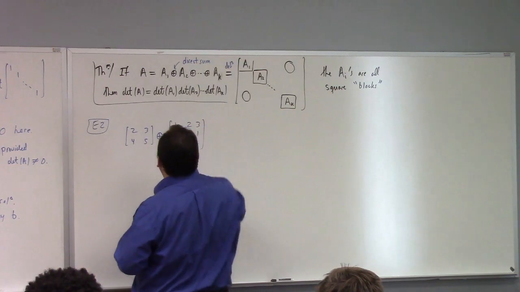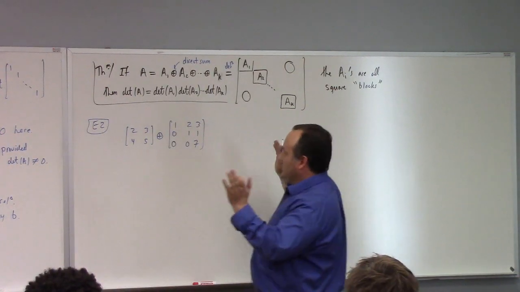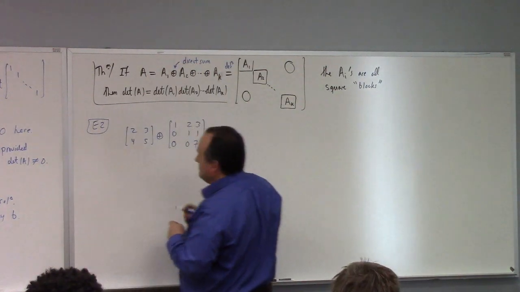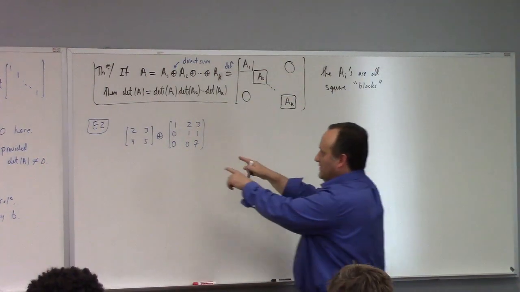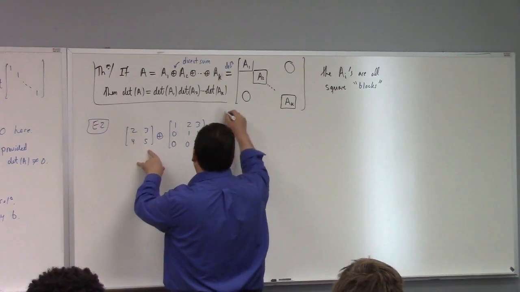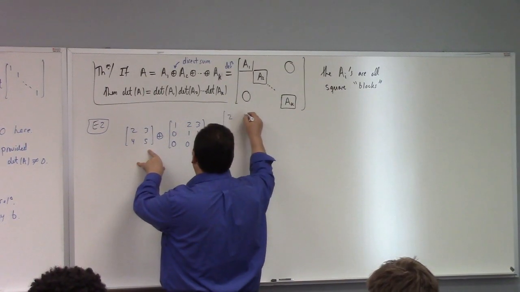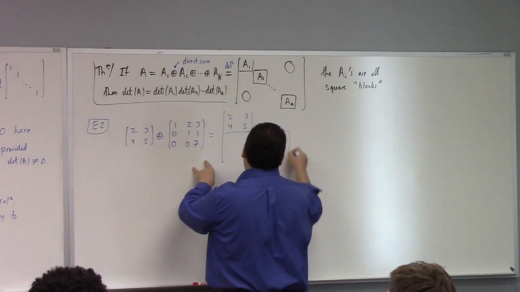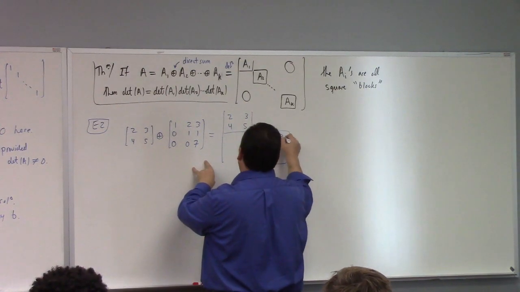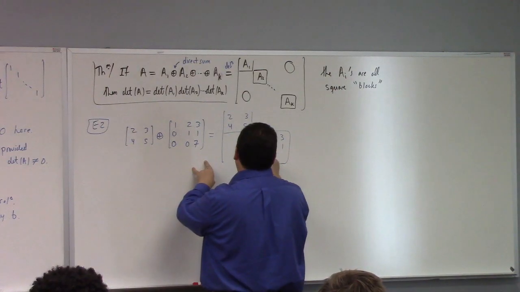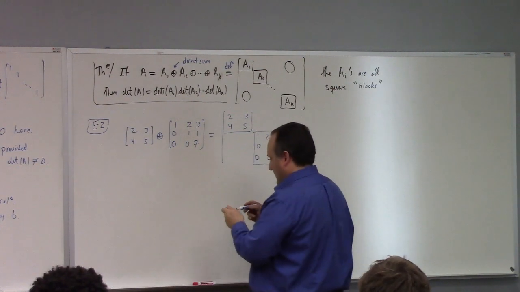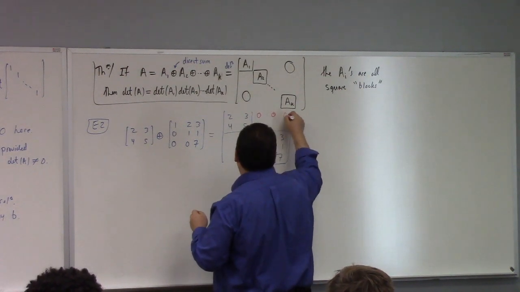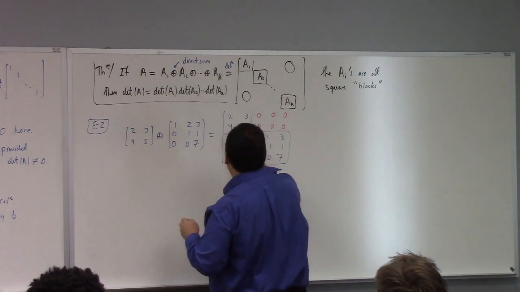So direct sum says you make a bigger matrix where the matrices which you're adding are simply the blocks of a big block diagonal matrix. So this is going to be a 5 by 5 matrix. It looks like this, 2, 3, 4, 5, and then down here we got 1, 2, 3, 0, 1, 1, 0, 0, 7. I will actually write in the zeros, since there aren't too many of them.